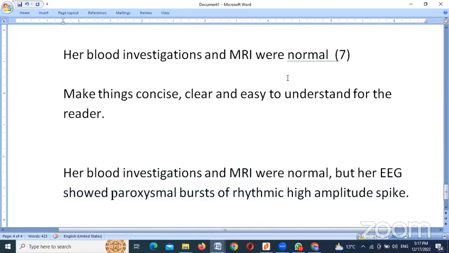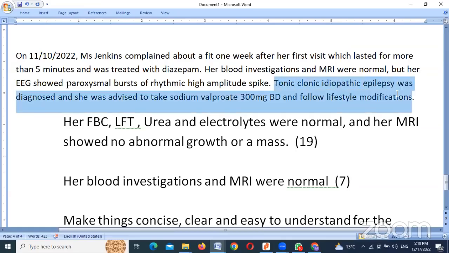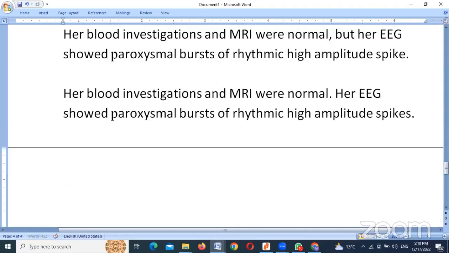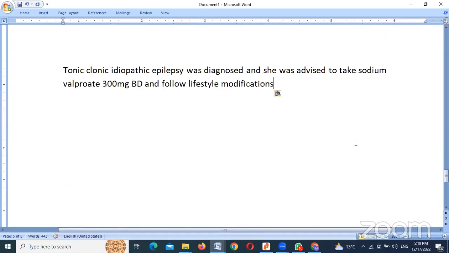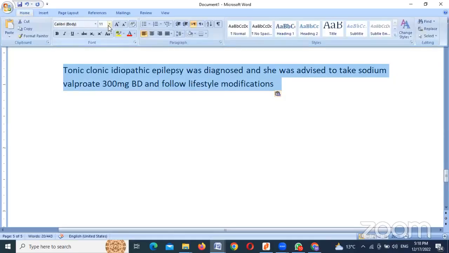Okay, good. So her blood investigations and MRI were normal, but her EEG showed paroxysmal bursts of rhythmic high amplitude spikes. You can see here, again, look at this sentence. It's very easy. I don't write very complex, very difficult sentences. I write very simple things, but it is very good.